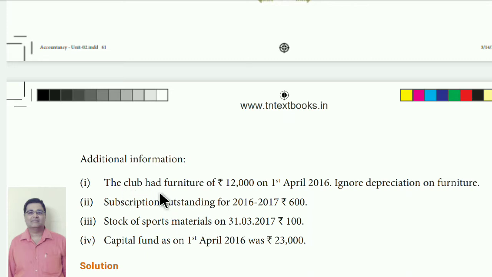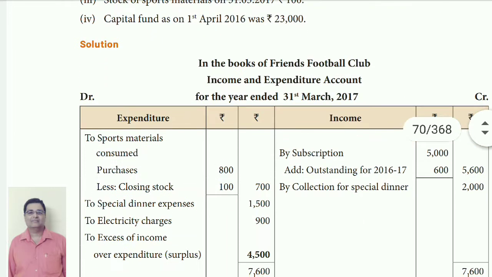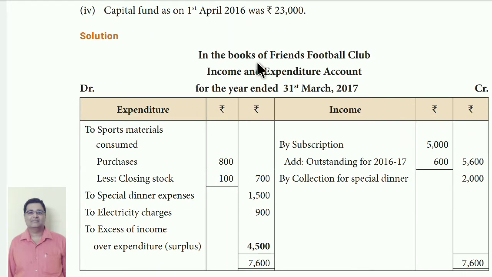So now, first adjustment: the club had furniture rupees 12,000. Open your ledger. In the ledger, take two new pages. On the left hand side, in the particulars column, write the heading: in the books of Friends Football Club, income and expenditure account for the year ended 31st March 2017.